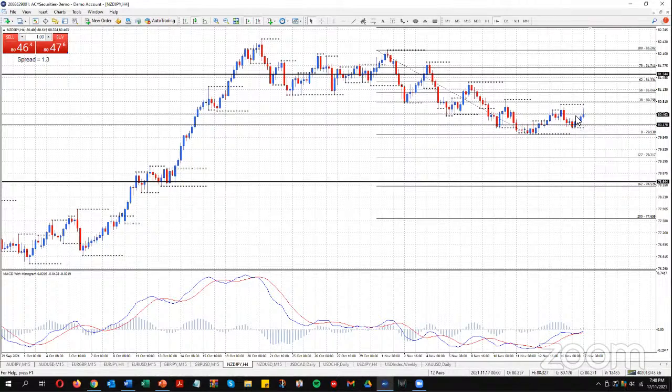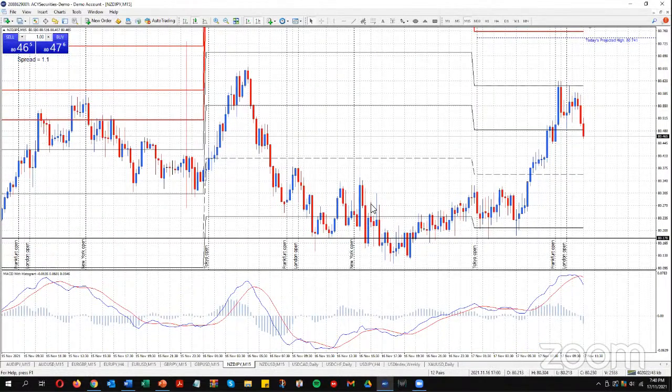So you've already missed the boat there to get in, and the opportunity to get in would have been yesterday. You had that area of support drawn in. You would have started to see a lot of choppy price action at the area of support. Would have seen a trend line break, and then obviously it's been moving up.